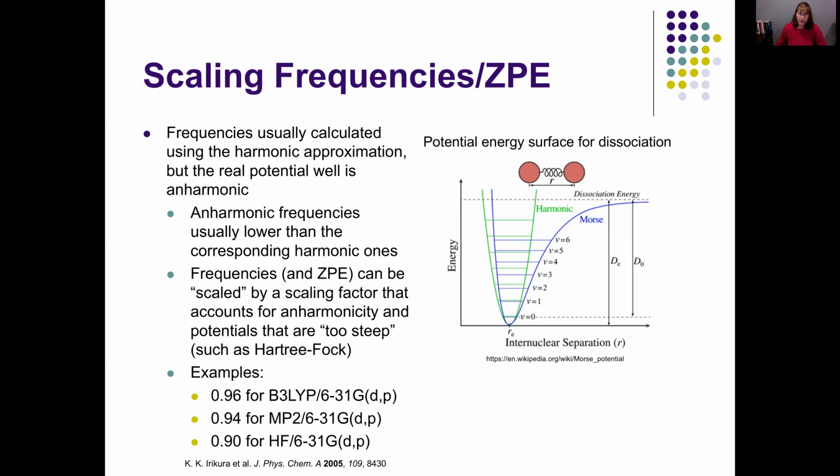So just a few examples, if these are all using the same basis set, B3LYP has a scaling factor of 0.96, MP2 0.94, Hartree-Fock 0.90, because again, it was really too steep, so the values were much too high. And so what you'd do is calculate your zero-point energy at some particular level of theory, and then scale it by this factor prior to putting it into your energy expression for your reaction energy.